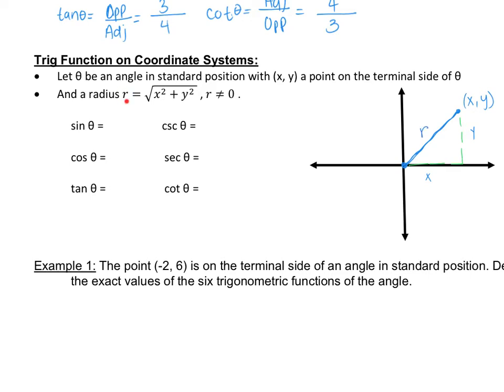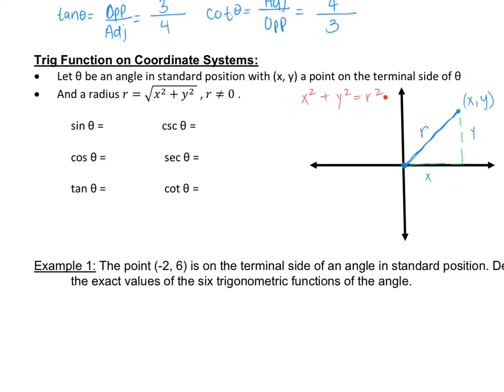And so this r here, to figure out the radius, you can take the square root of x squared plus y squared. Or I personally like to use this formula more whenever I'm solving for the radius, y, or x. X squared plus y squared equals r squared.